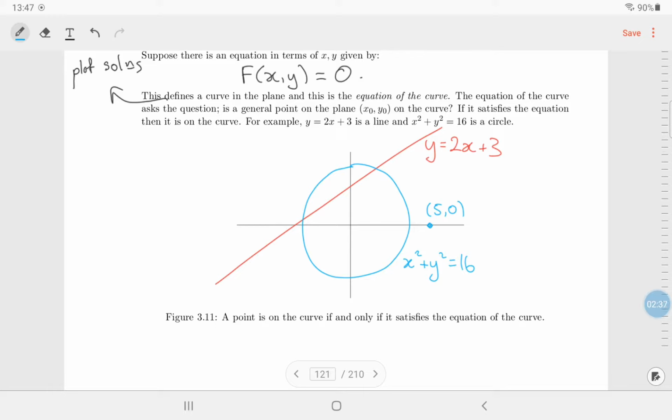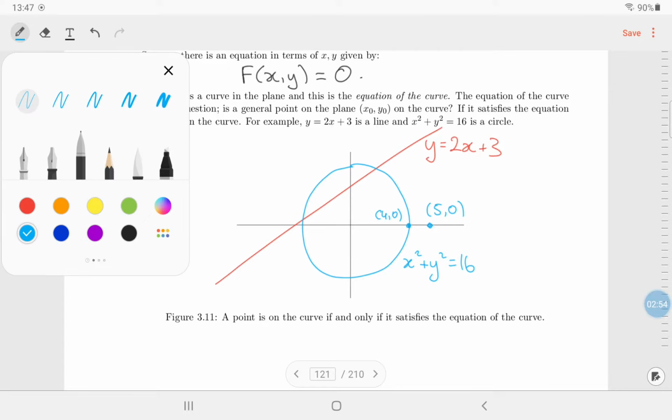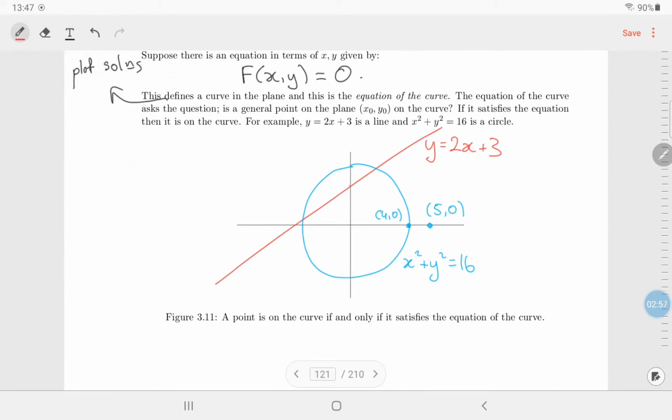It doesn't satisfy the equation of the curve, so it's not on the curve. Whereas 4, 0, for example, satisfies that the x coordinate squared plus the y coordinate squared is 16, so that is a point on the circle. And then say for the other one, point 0, 3, the y coordinate is equal to twice the x coordinate plus 3.